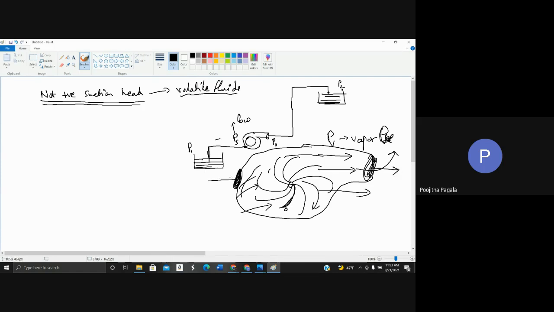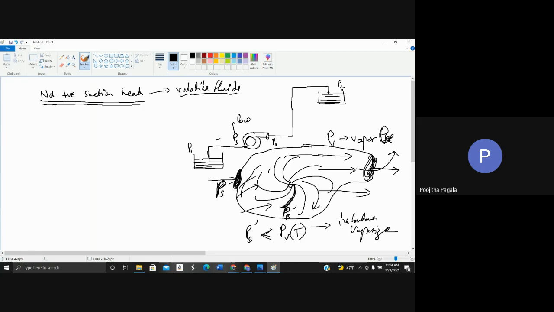The pressure here is going to be PS, and the pressure here, let us call it PB, where B stands for pressure at the blade. It is possible for PB to be much lower than PS. So there comes a condition where PB becomes too low. It becomes less than the vapor pressure at this temperature. Vapor pressure is a function of temperature. If it becomes less than the vapor pressure, the fluid can no longer remain in a liquid state. It is going to instantaneously vaporize.